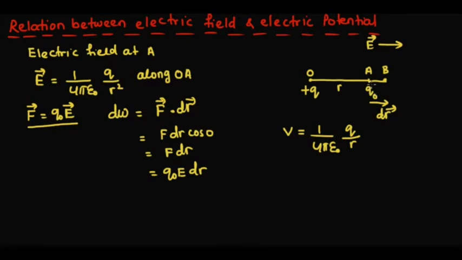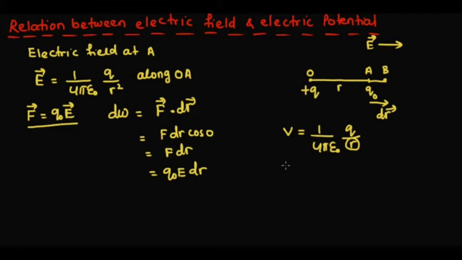If we compare the two points A and B, you can see that point A is closer to the charge plus q, and point B is slightly at a larger distance from the charge plus q. If the distance is more, then potential will be less. So it is clear that the potential at point A is definitely greater than the potential at point B.